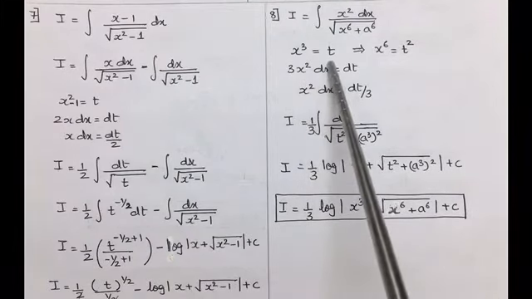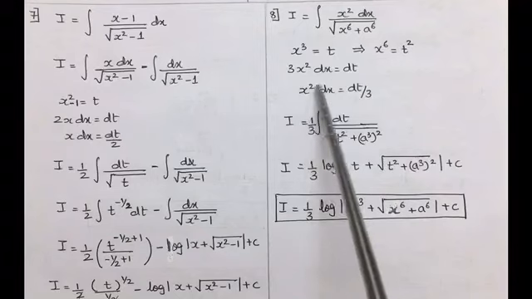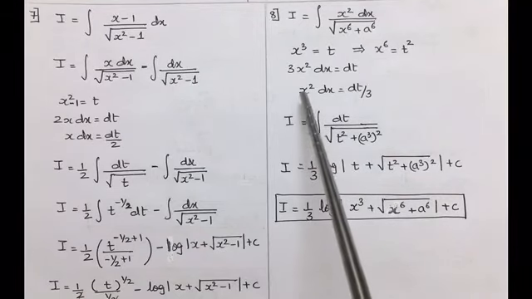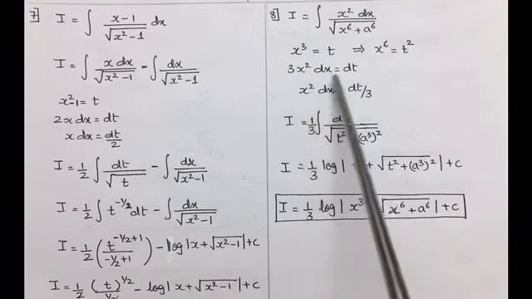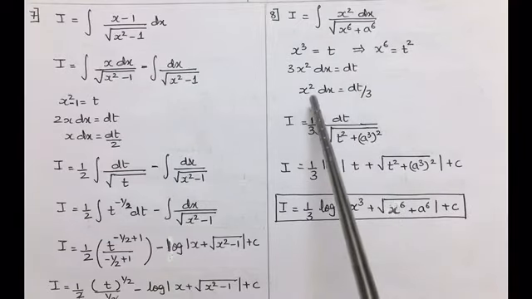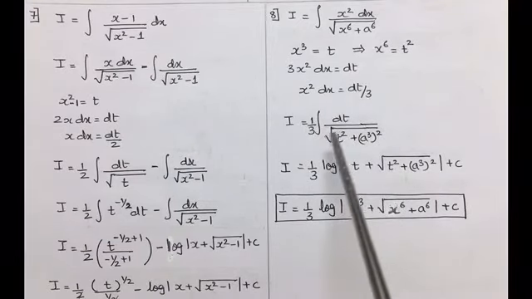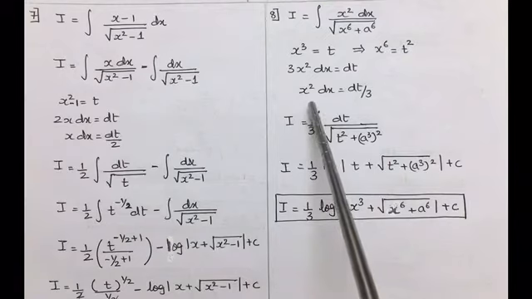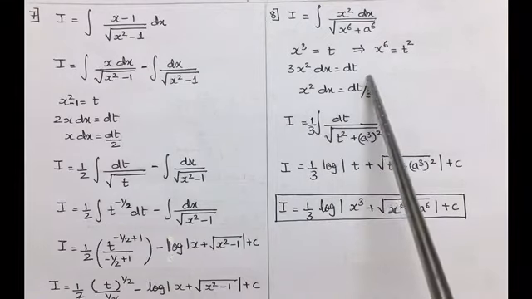Now x cube is equal to t is differentiated here as 3x square dx is equal to dt. Taking 3 to the other side we get x square dx is equal to dt by 3.